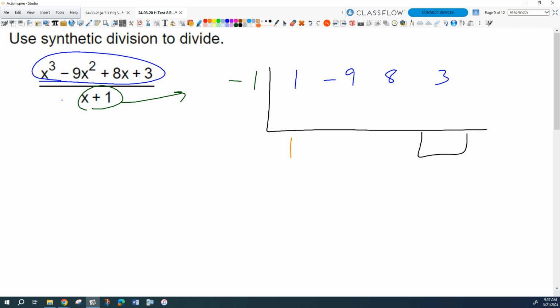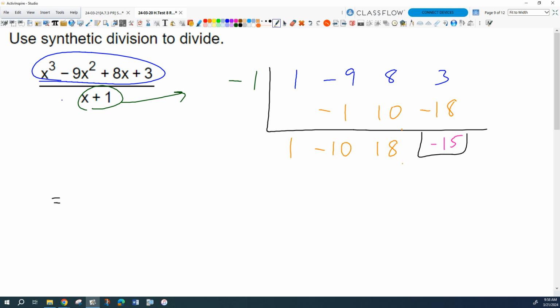Now what? Multiply, add, so I get -10. Okay, so that gives me +10. Multiply, which gives me what? Okay, so what's my answer then? If I write this answer out, x squared minus 10x plus 18.